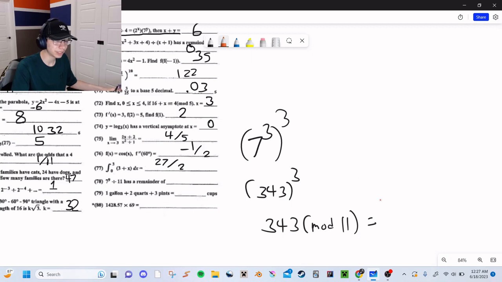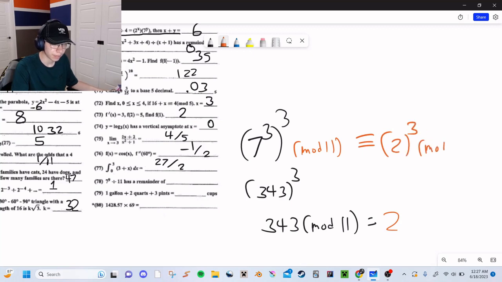So using modular arithmetic, I could say that this remainder, whatever this is, mod 11, is the same as 2 cubed mod 11, which is 8.